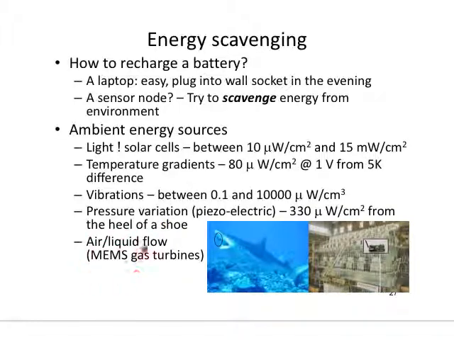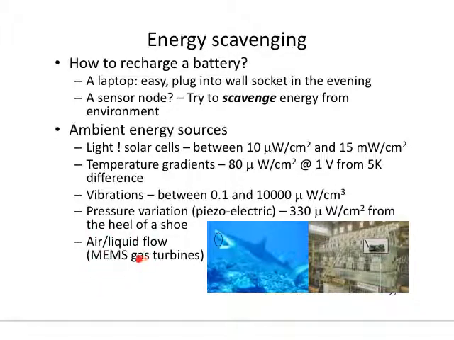So there are the micro electromechanical gas turbines. These are micro gas turbines which use the airflow to draw energy. So we all know the big wind turbines, right? When the air comes, it rotates the turbine.